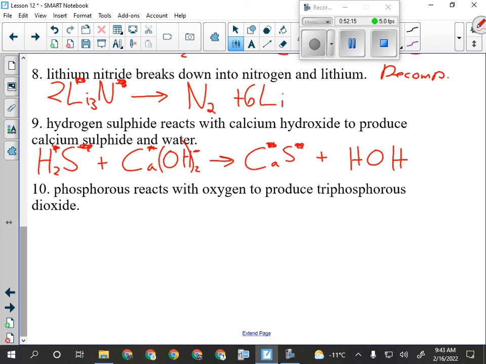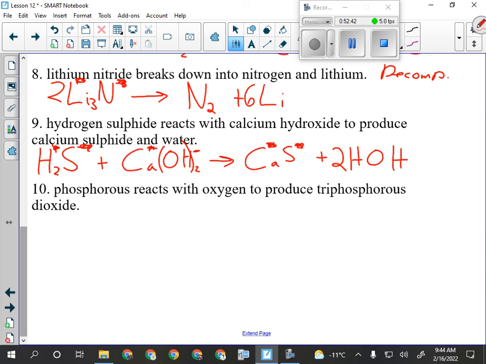All right, what should I try and balance first? Yep, hydrogen or hydroxide. They're both a 2, but hydrogen's first, so let's do that. There's 2 hydrogens here on the reactant side. There's only 1 here. This hydrogen doesn't count because it's part of hydroxide. So I need to put a 2 here.